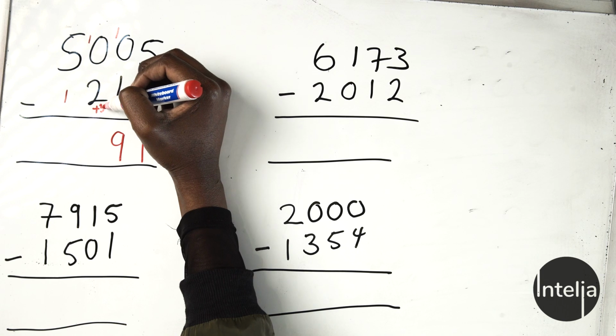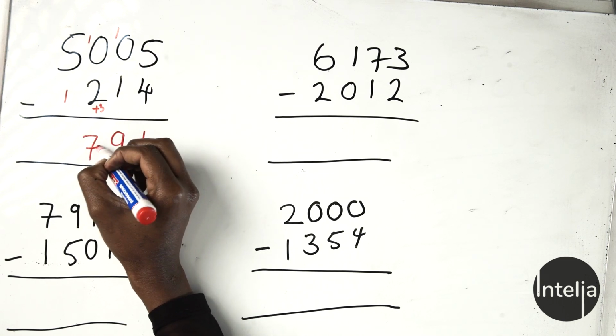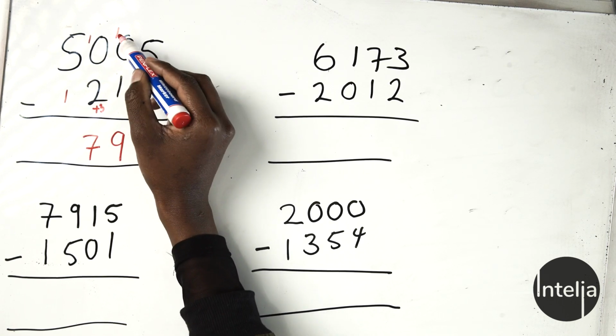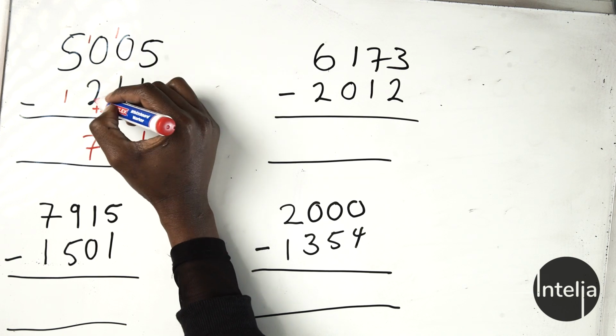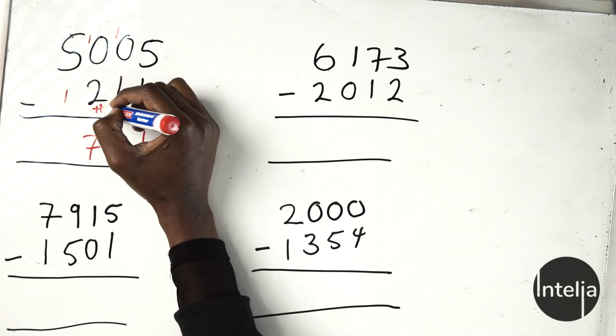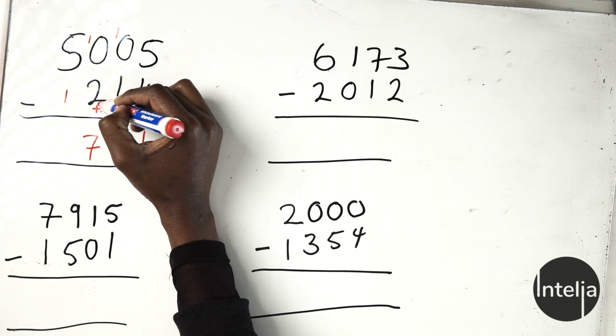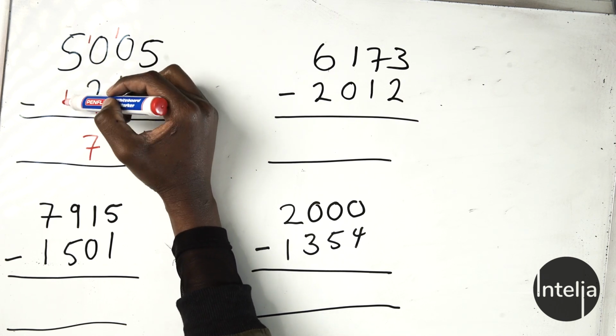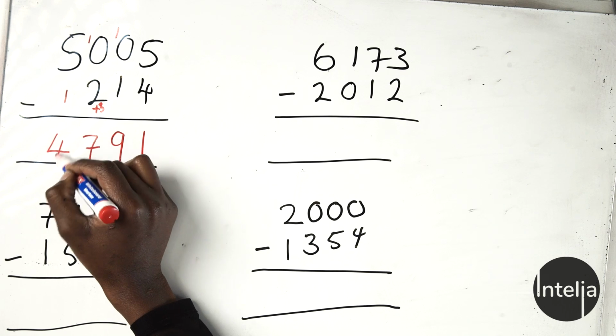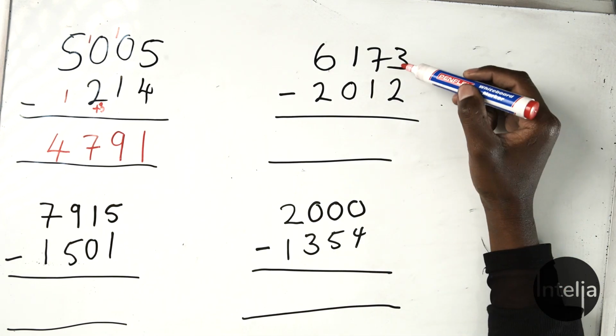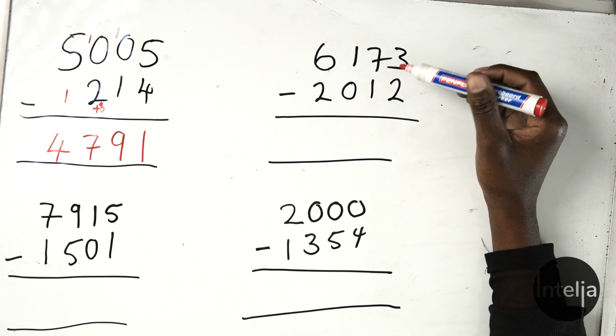So 10 minus 3, that's 7. Remember when you add 1 here, you add 1 here, so a 2 becomes a 3. 5 minus 1, that's 4.